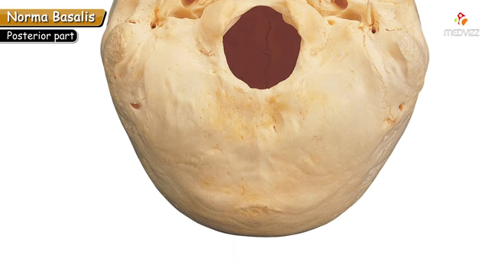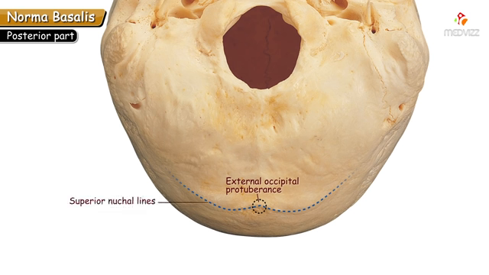Posteriorly it extends to a bony prominence which is the external occipital protuberance. On each side of the external occipital protuberance there are arching lines called the superior nuchal lines. So the external occipital protuberance along with the superior nuchal lines demarcates Norma basalis from Norma occipitalis.